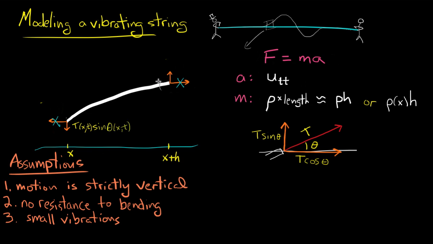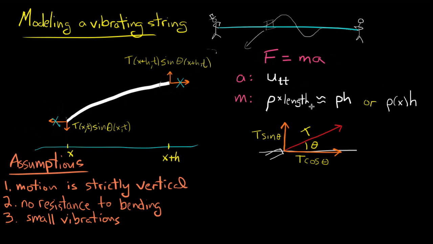On the other hand, for this vertical component, the tension vector had a magnitude of T of x plus h,t, multiplied by sine of theta, now evaluated at x plus h,t. So these are the two vertical forces.